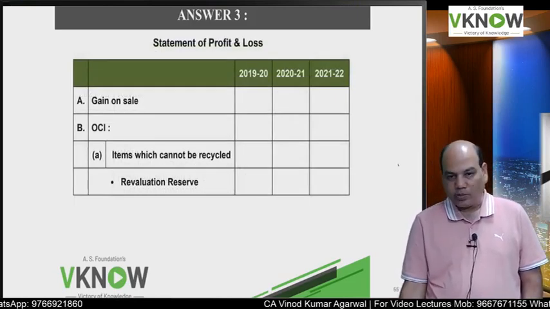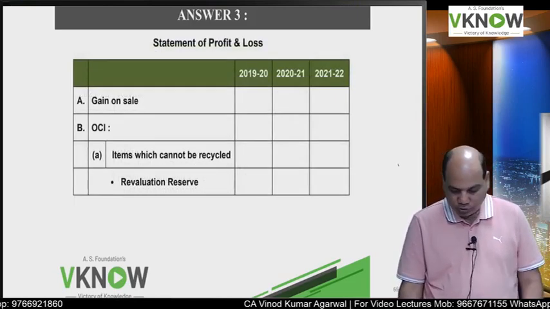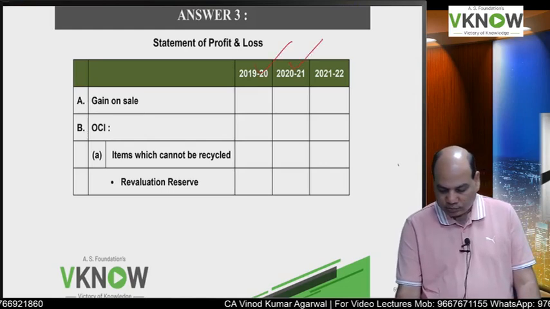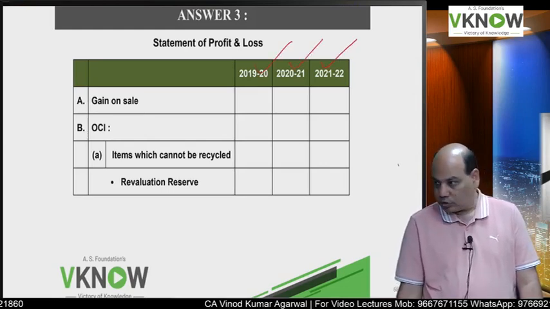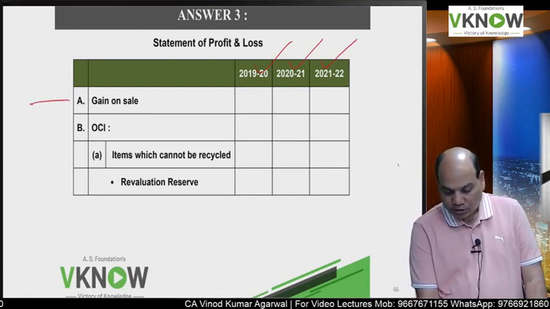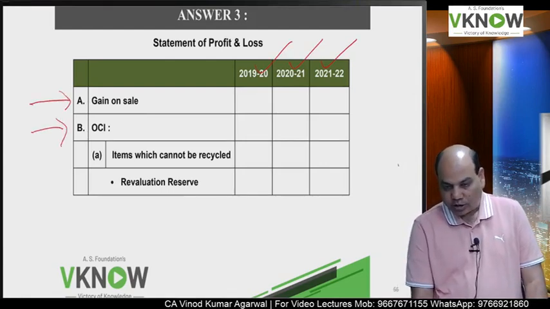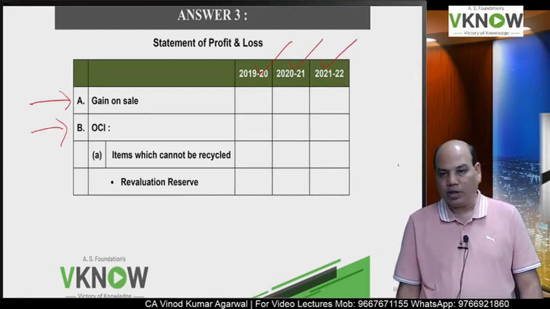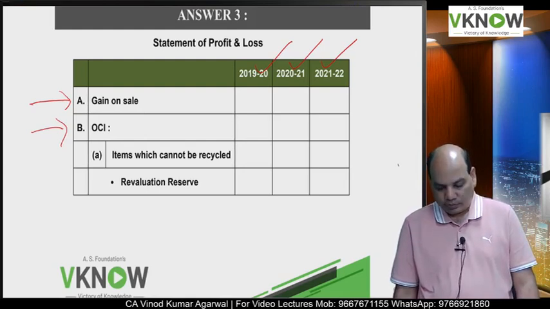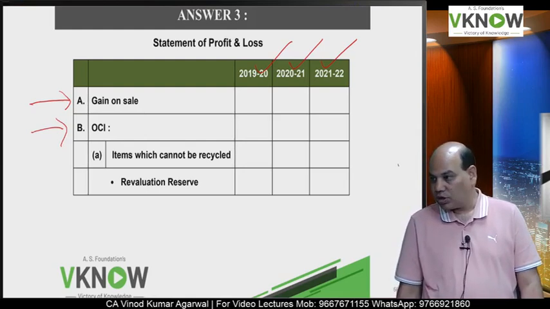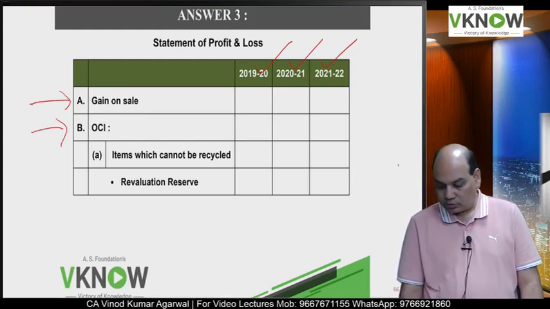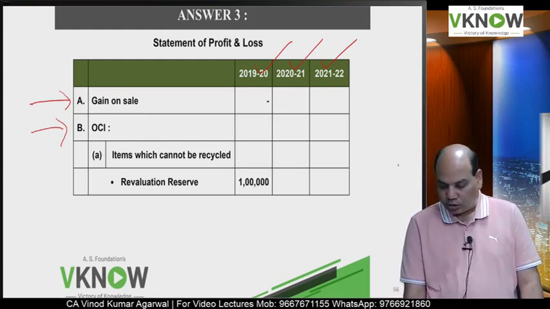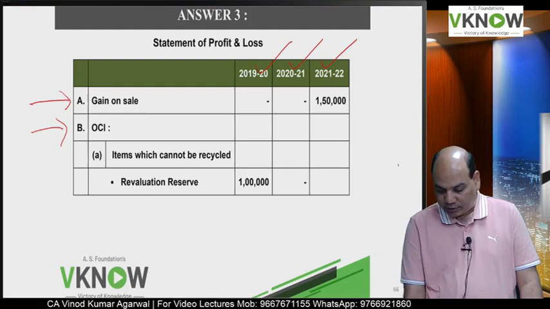Now we'll prepare the statement of profit and loss. I have drawn 3 columns here. There are 2 parts: Part A is the profit and loss part, Part B is the OCI part. So gain on sale will come in which year? 21-22. And what amount will you write there? 1,50,000.